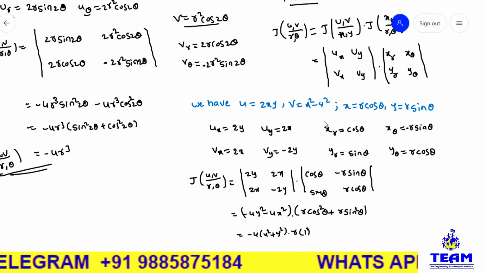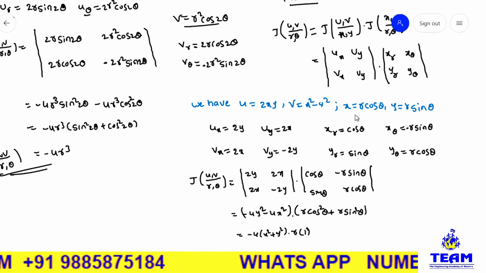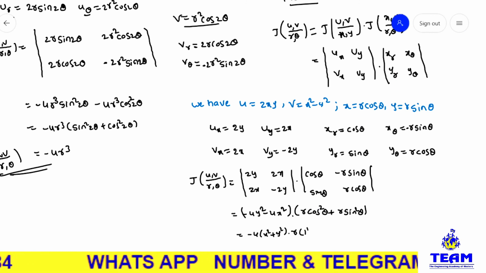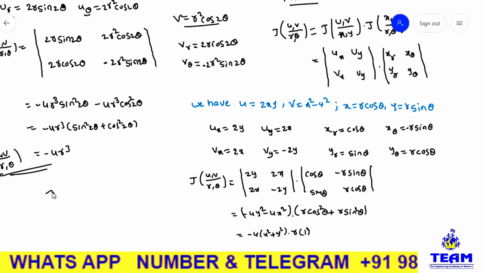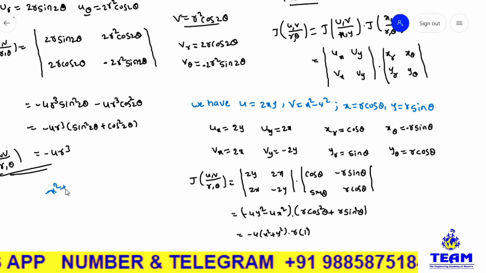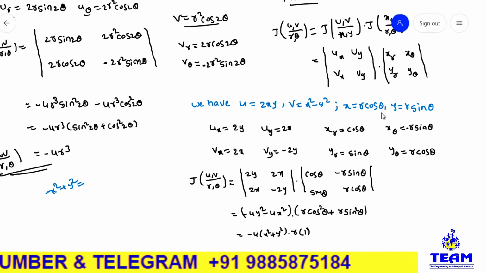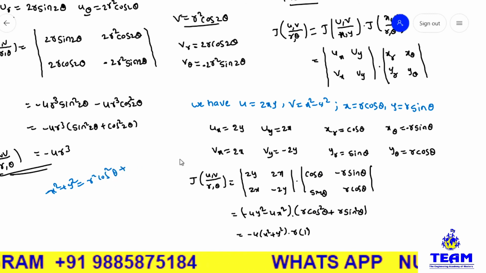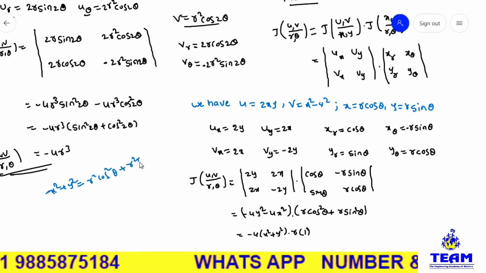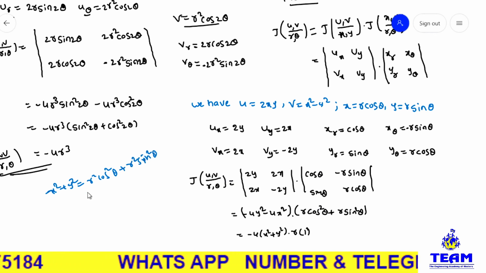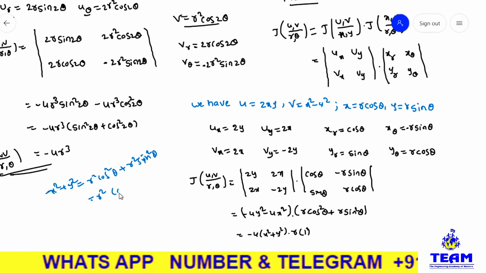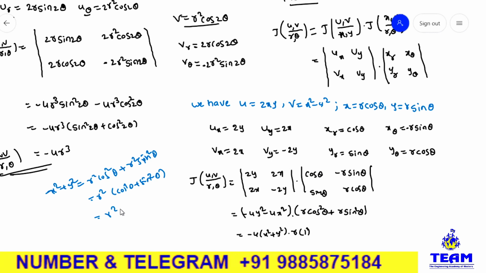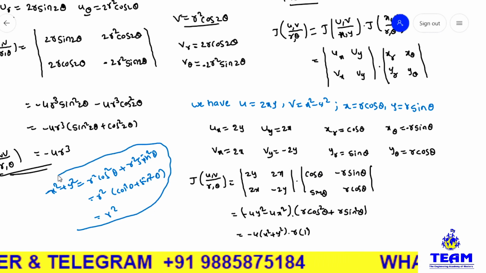X square is r cos theta whole square, that is r square cos square theta, plus y square, r sin theta whole square, that is r square sin square theta. I can take r square as common, then I have cos square theta plus sin square theta, so you will have r square. So the x square plus y square value is r square.